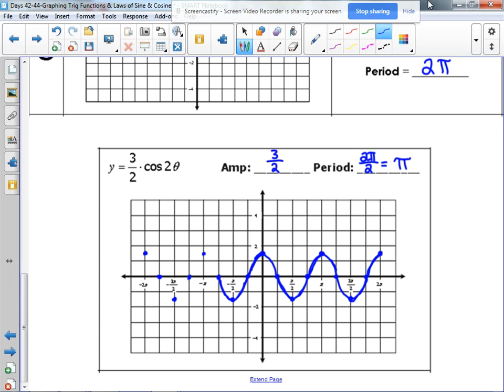Yes, we're talking specifically about period and amplitude, and here in a second we're going to talk about phase shift and vertical shifts, but these really are just transformations like we've dealt with before.